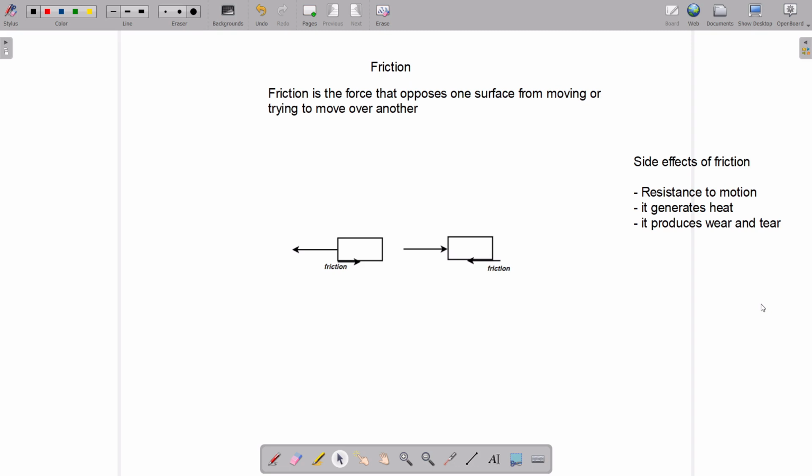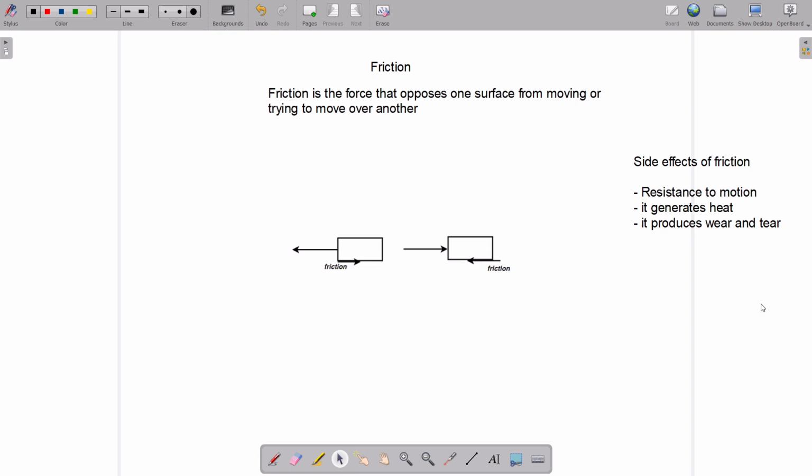If an object is in motion, friction makes it a bit difficult for the object to move smoothly because it will be resisting that motion. Very soon we'll be looking at some types of friction to help us see how friction makes motion sometimes a bit difficult. Friction produces heat and it also produces wear and tear.